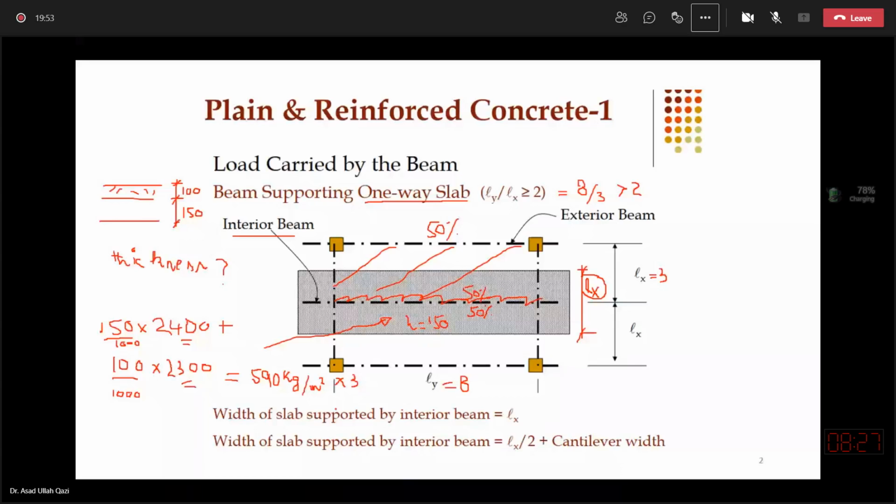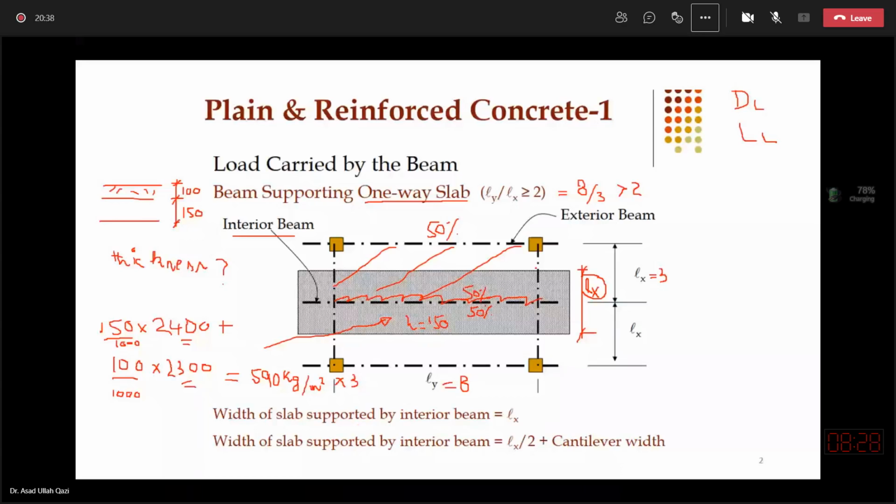But actually we are not having only the dead load or the self weight, we also have the live load. Based on the structural use information regarding the type of the building, what kind of occupancy we must select, we can decide the live load. Suppose it is an ordinary residential building, and for such buildings we can check from the guidelines what live loads are suggested.